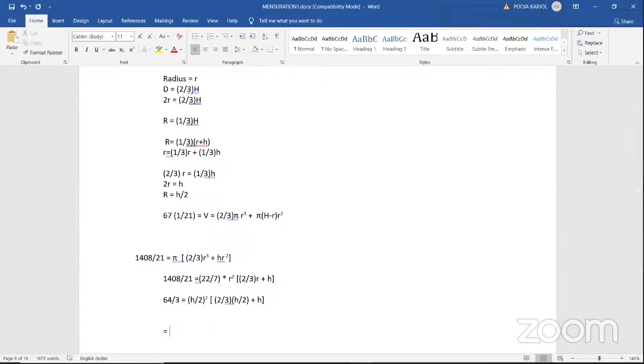This will be equal to h square by 4, bracket, 2 and 2 cancel, h by 3 plus h. Four h by 3. Right? 4 by 3.